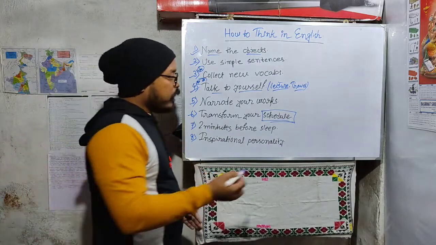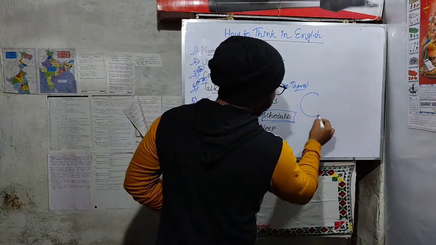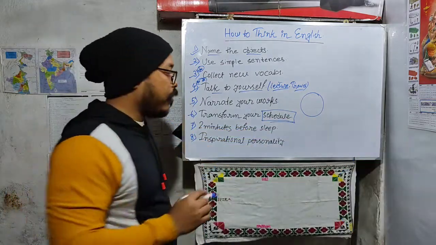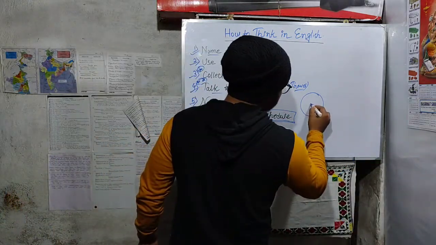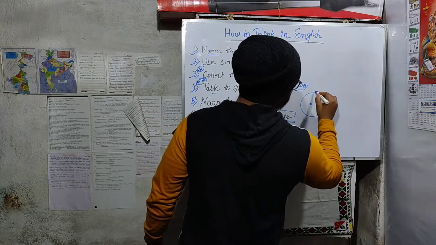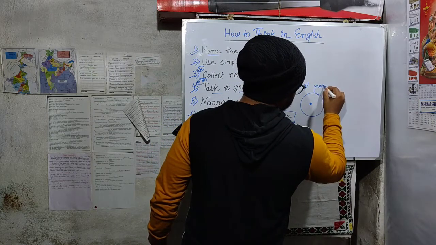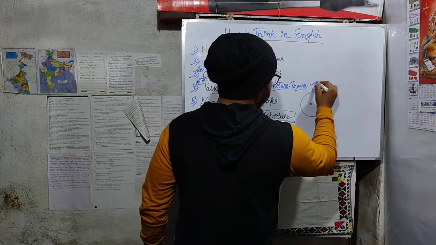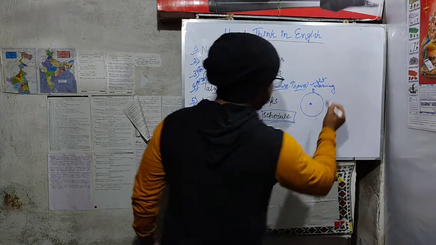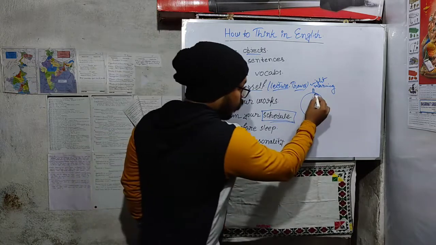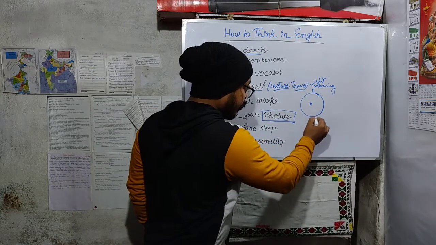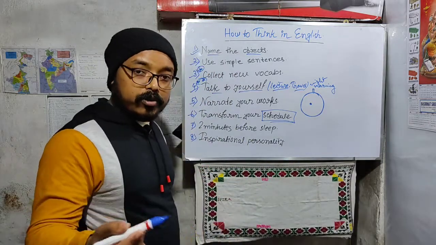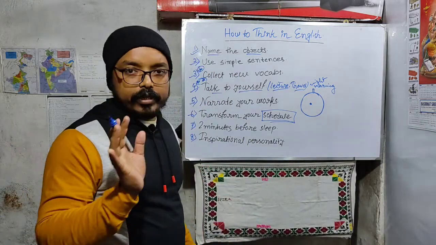Okay, so you can see that if it is the total 24 hours that you have, from morning to night, the whole journey, in these 24 hours, we should always think in English.